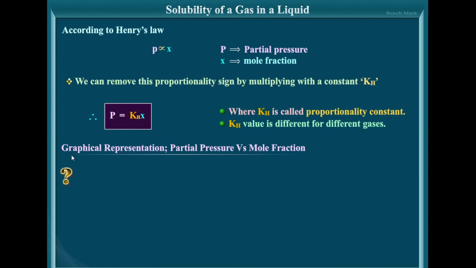What are the general characteristics of Henry's law? The units of Henry's law constant are the same as that of pressure, torr or kilobar. Different gases have different values of Henry's law constant.